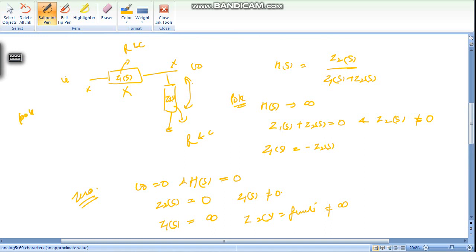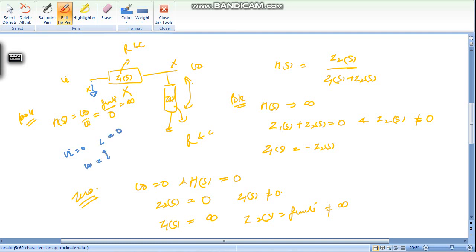For a pole we can also see it this way. H(s) is Vo upon Vi. If Vi is 0 and Vo is some finite value, then this is also infinity. So for finding the pole we can short our input voltage source to ground so that the input is 0, and the output should be finite. If Vi equals 0, then I is also 0.